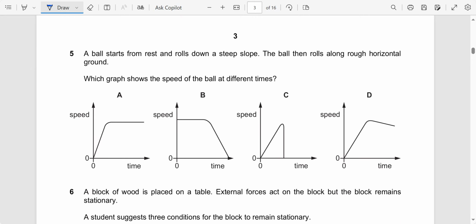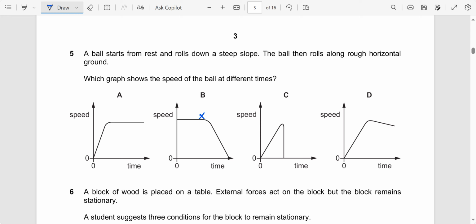A ball starts from rest and rolls down a steep slope. The ball then rolls along a rough horizontal road. Which graph shows the speed of the ball at different times? First of all, since it's rolling down the slope, it should have a constant acceleration, so this one is wrong.